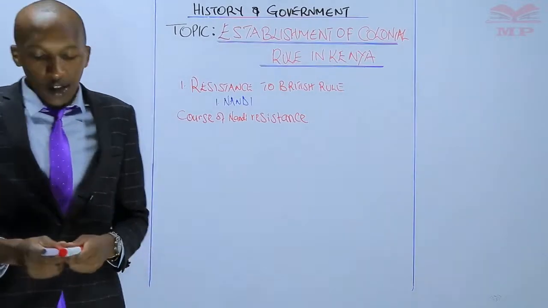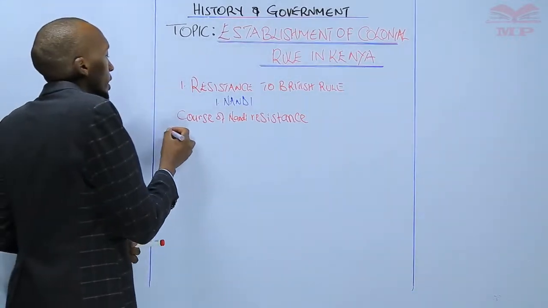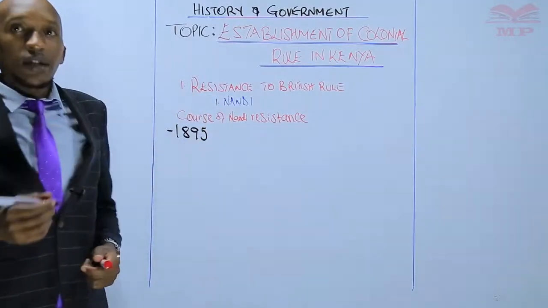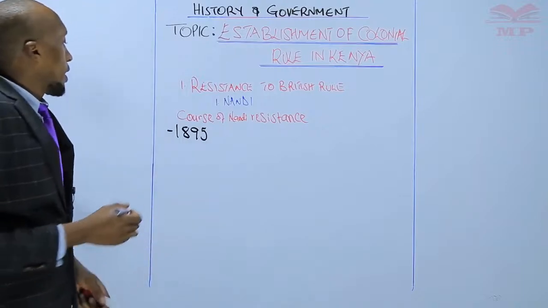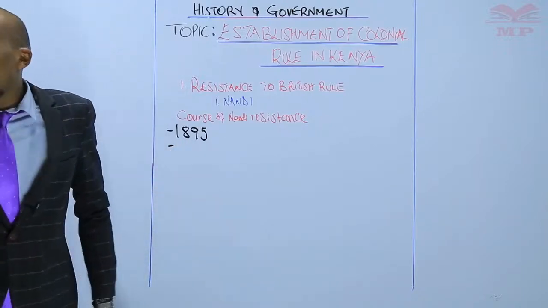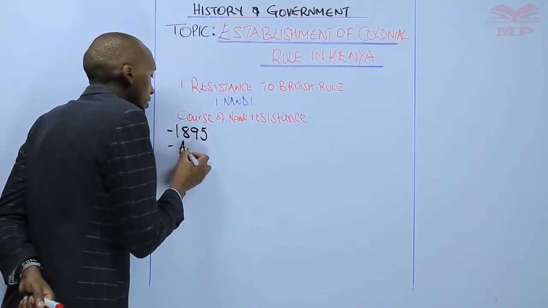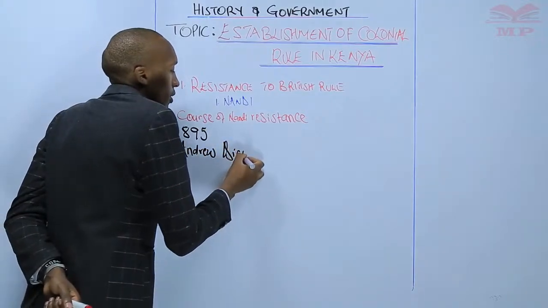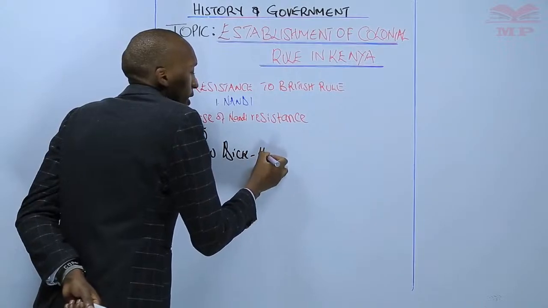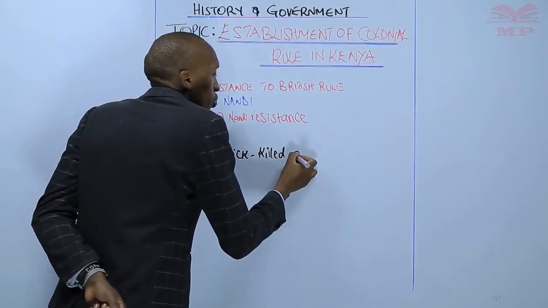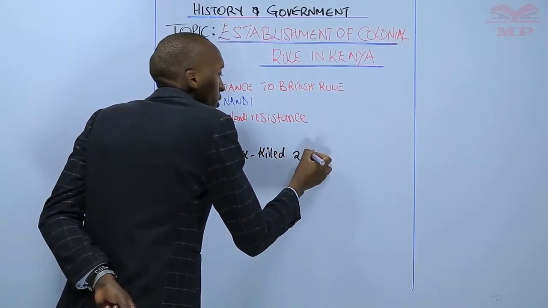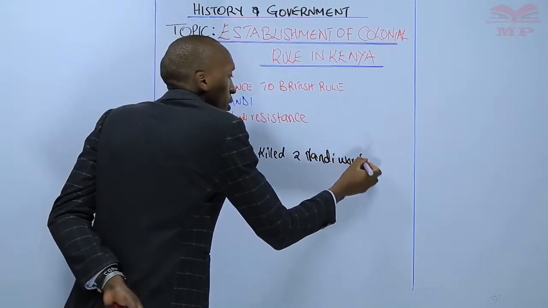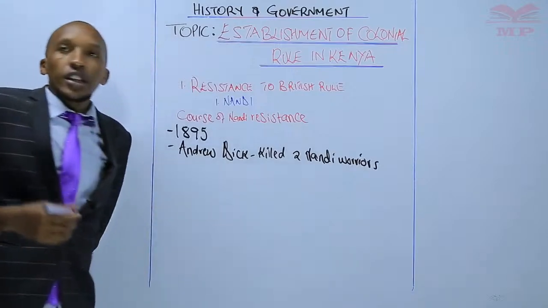And the first thing we are supposed to learn is that it started in 1895. That is when the resistance started, and it started after a certain British man known as Andrew Dick attacked and killed two Nandi warriors who had strayed into his camp.